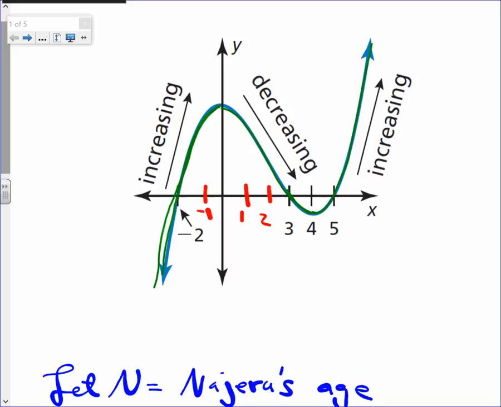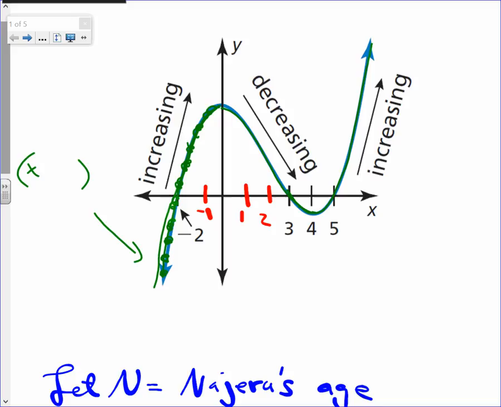Now, mathematicians will describe the increase and decrease in terms of what values of x it is increasing and what values of x it is decreasing. So right now, this function is increasing for what values of x? Take all these points where it's increasing.